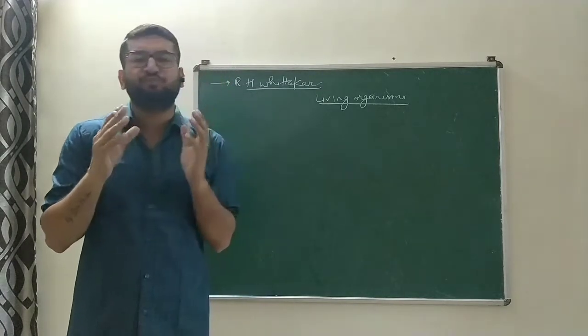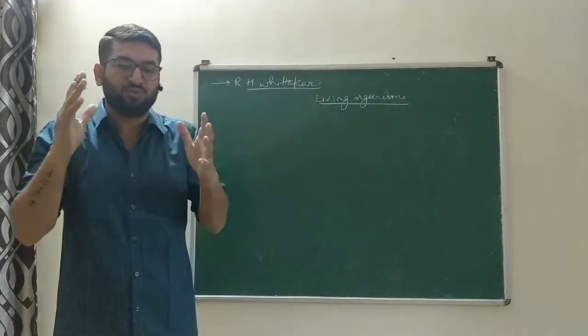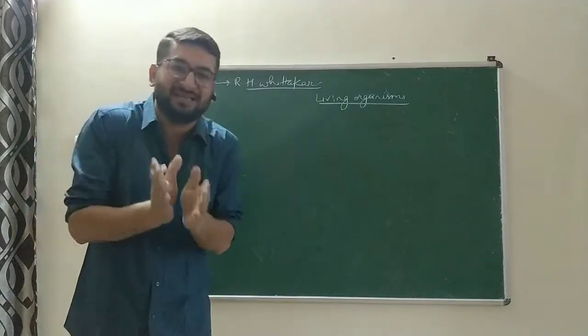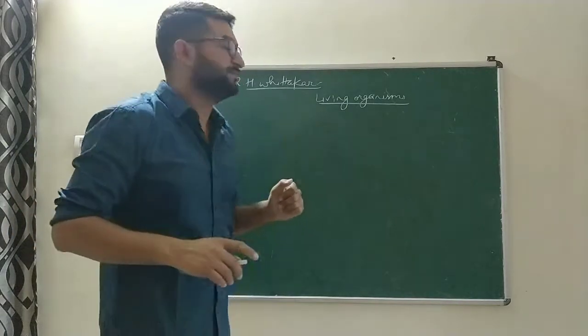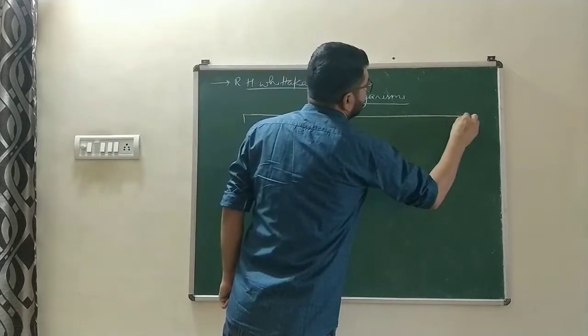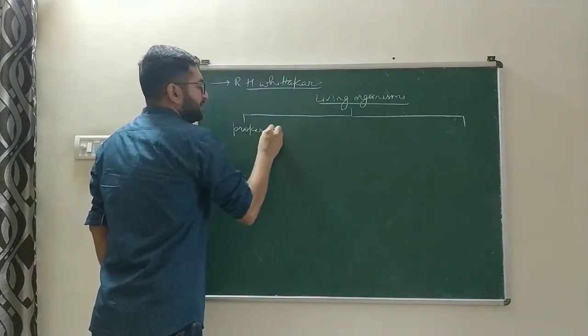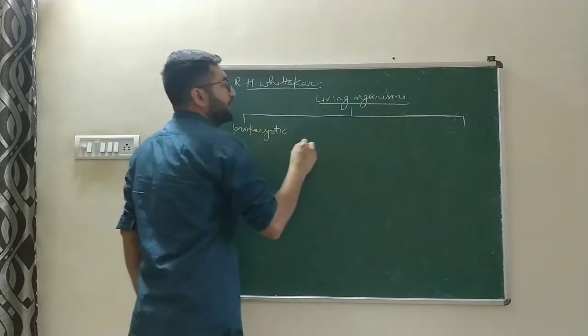These are the bases chosen by Whittaker to differentiate the organisms into various groups. The first character he chose was whether the organism is prokaryotic or eukaryotic.